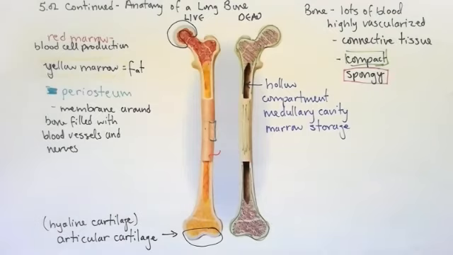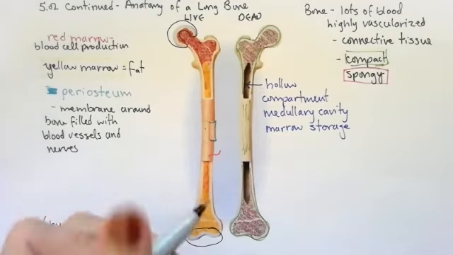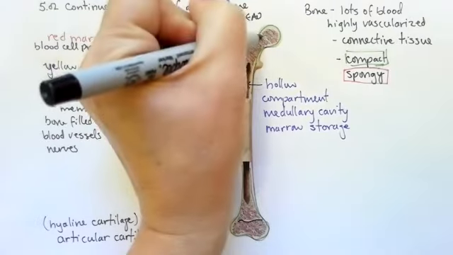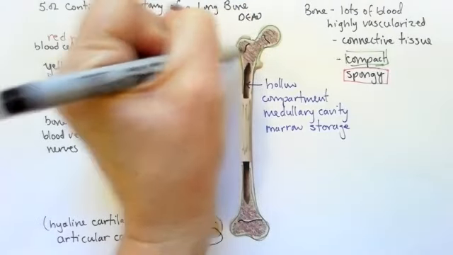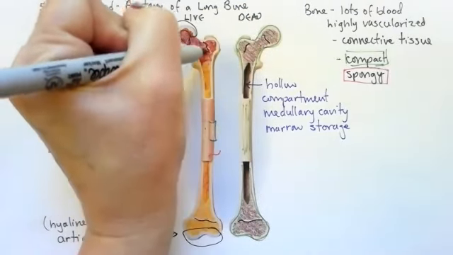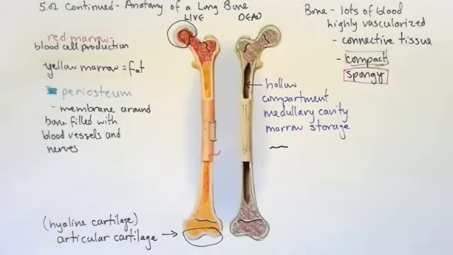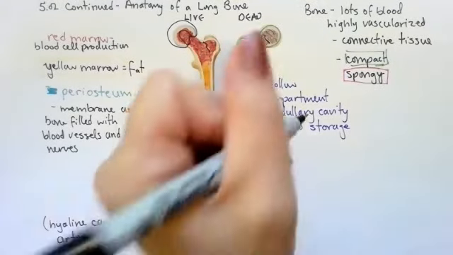All right, that leaves us with these lines. These are called epiphyseal lines.